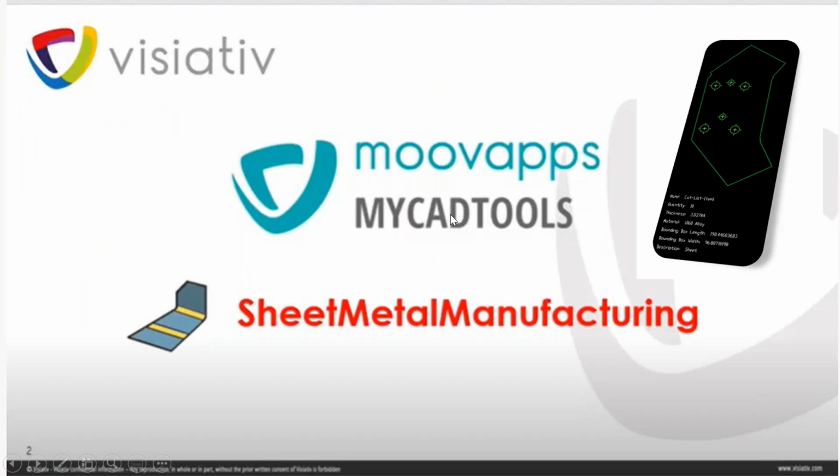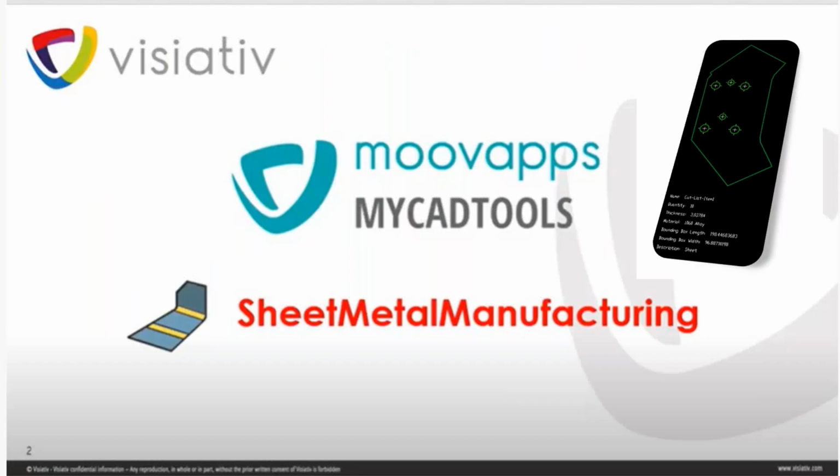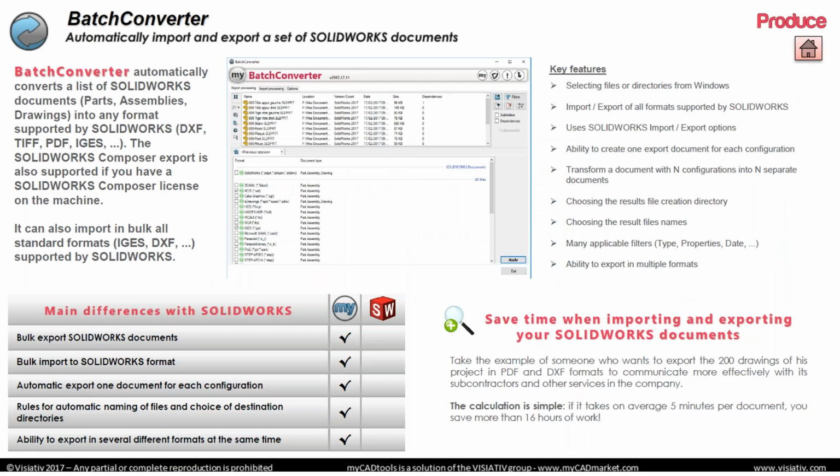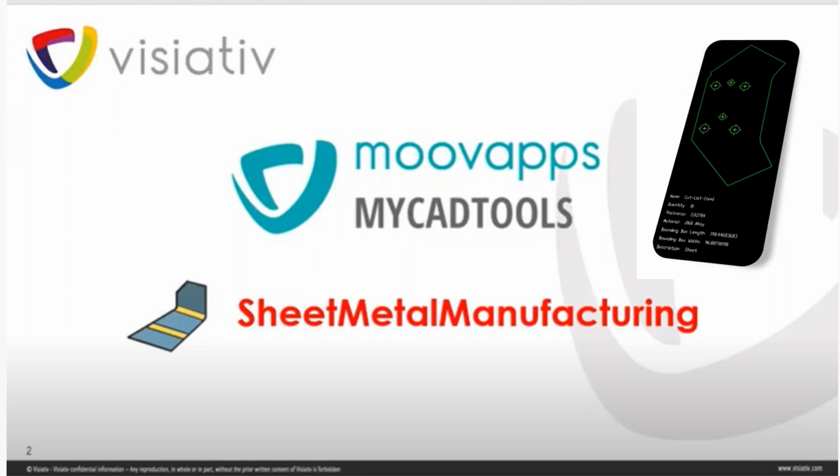The next one is sheet metal manufacturing. So this one is to flatten the sheet metal part. On the batch convert, you have the capability to flatten into DXF. In the sheet metal manufacturing function, we have more advanced settings for the convert.